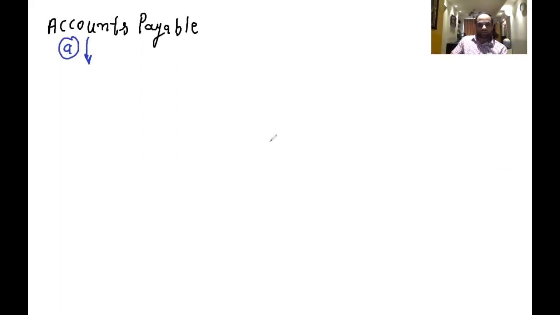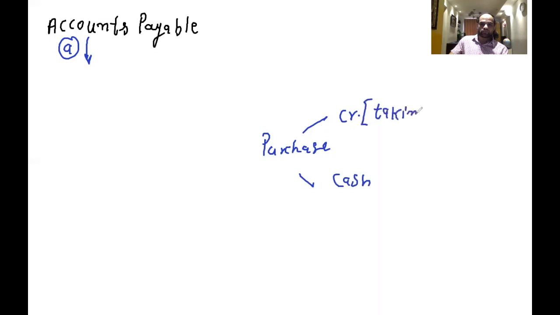So, purchase on credit and cash. Credit means taking credit. So which means if you are taking excess credit, right, or if you are taking no credit.